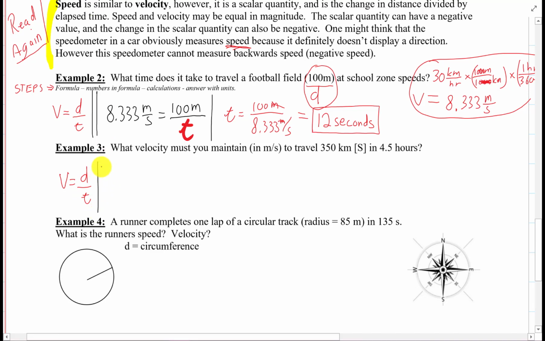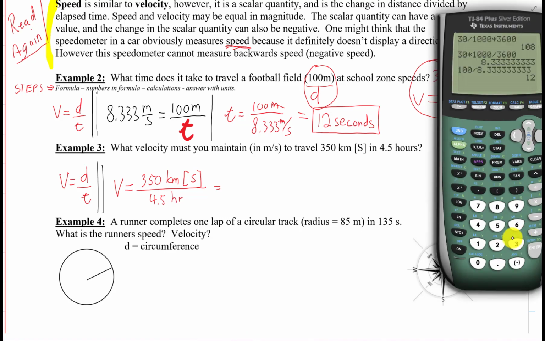And we get the velocity is distance, 350 kilometers south, over 4.5 hours. Pull up Mr. Calculator. 350 divided by 4.5, and we get, why do I do times? 350 divided by 4.5 is 77.78.